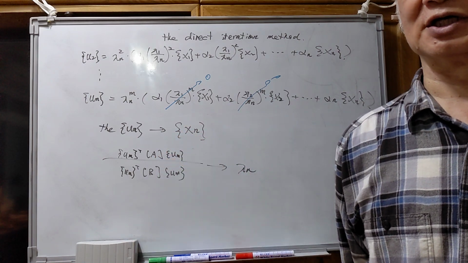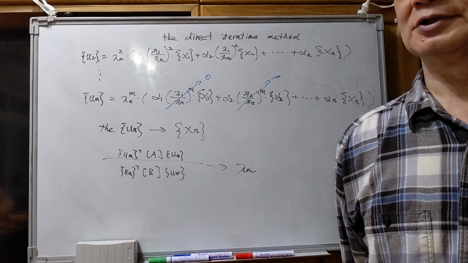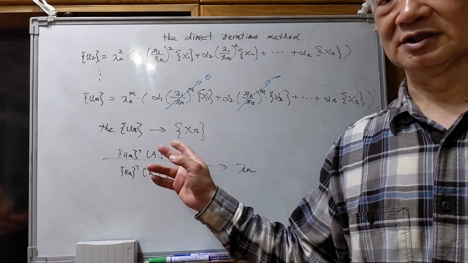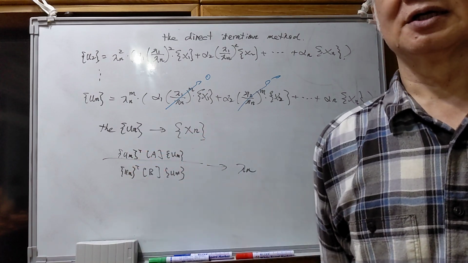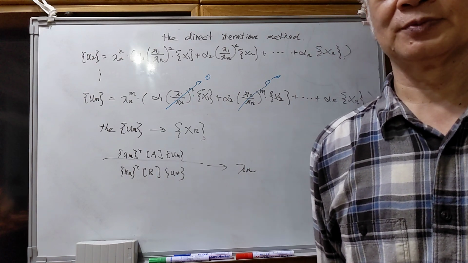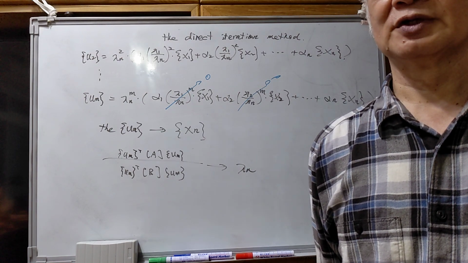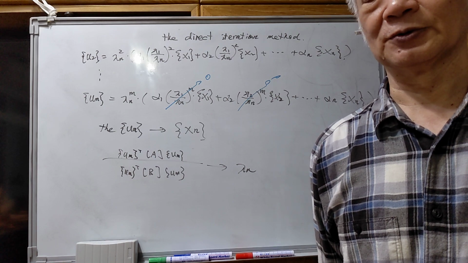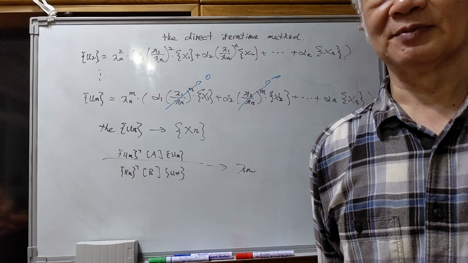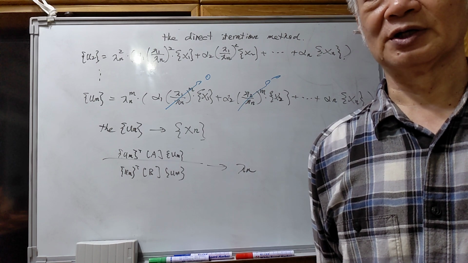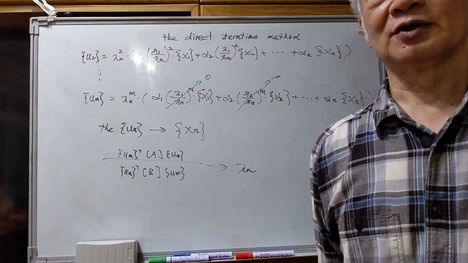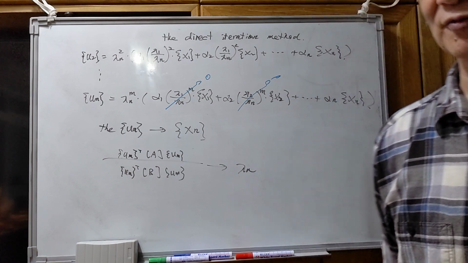But if we use the direct iteration method, we will get the lambda n and the corresponding xn. So it depends on the problems we need to solve, and which one we like to get first: the eigenvector with the minimum eigenvalue, or the eigenvector with the maximum eigenvalue.